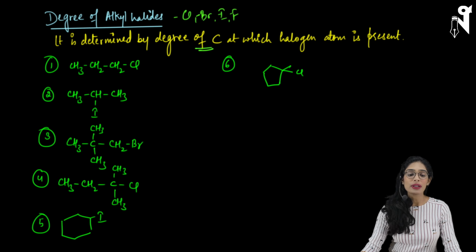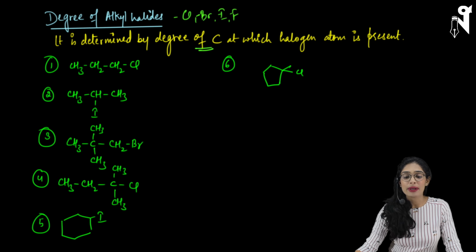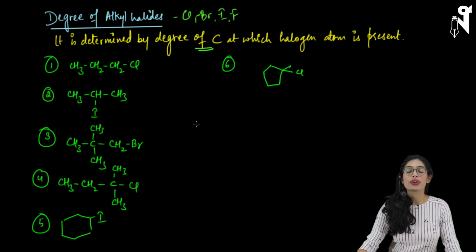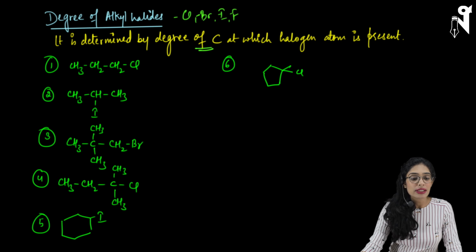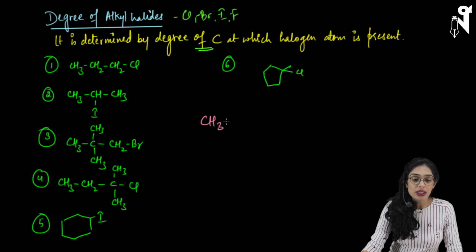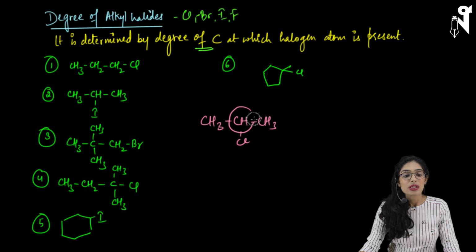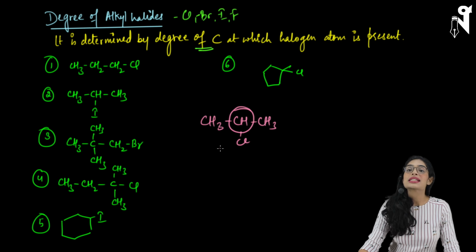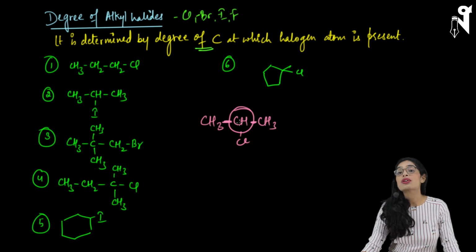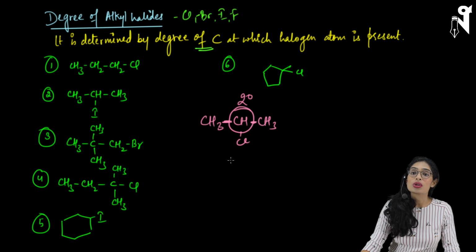For example, let me give you one small example and then we will go to the examples given over here. Let's say I have CH3, CHCl and CH3. So this is the carbon where the chlorine is present. Let's talk about the degree of this carbon first. This carbon is attached to two carbons, hence the degree of the carbon is going to be secondary, and hence if somebody asks me what is the degree of this chlorine, the degree of the chlorine is also secondary.